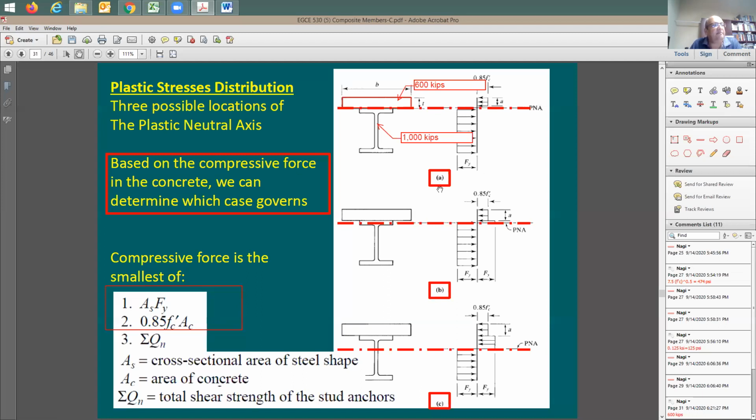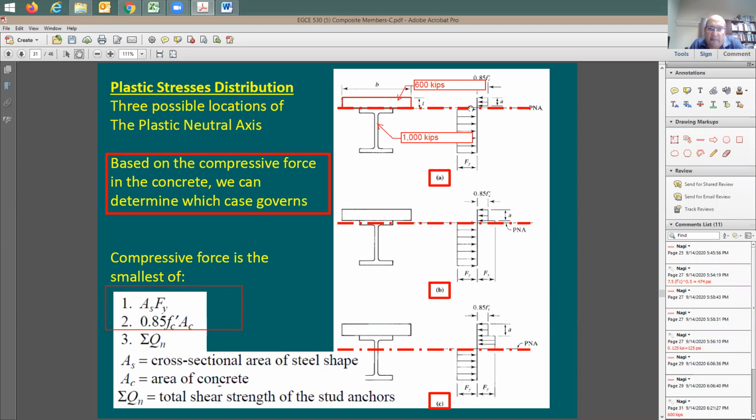Now you look at this beam and say I have a compression of 600 and a tension of 1,000. I added Nelson studs to take 600 kips. Now what is the compression force in the concrete or in the section? You're going to say the minimum of As times Fy, which means 1,000, 0.85 f'c times Ac, 600 kips, and 600 kips for the shear strength.